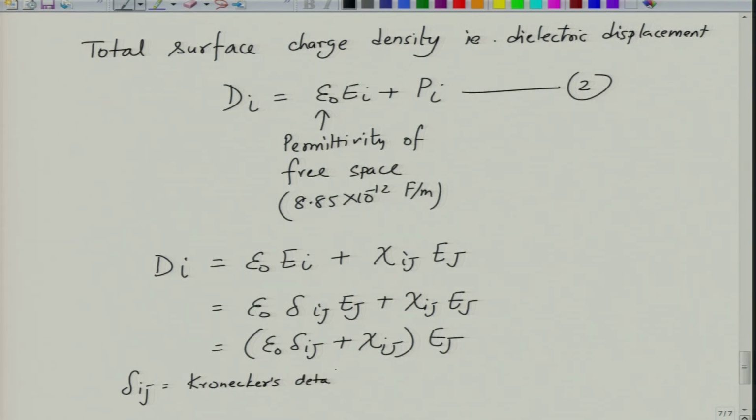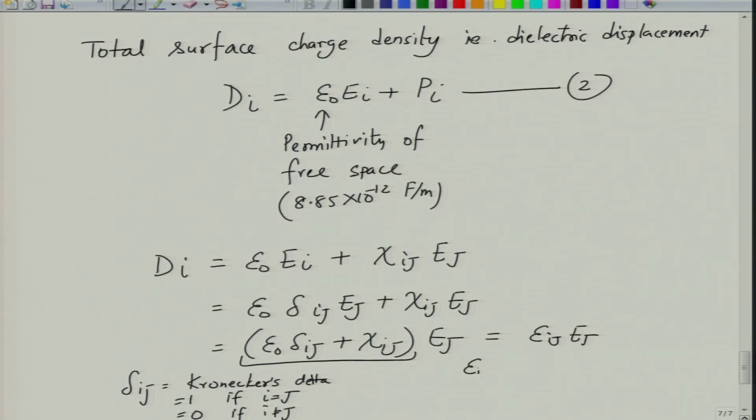delta, which is equal to 1 if i is equal to j and 0 if i is not equal to j. And this particular thing you can write as epsilon ij Ej.